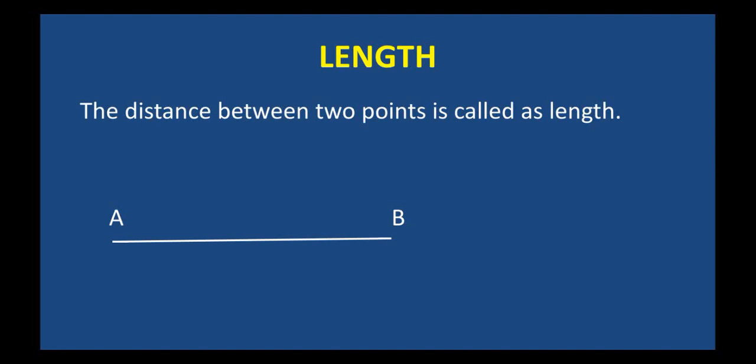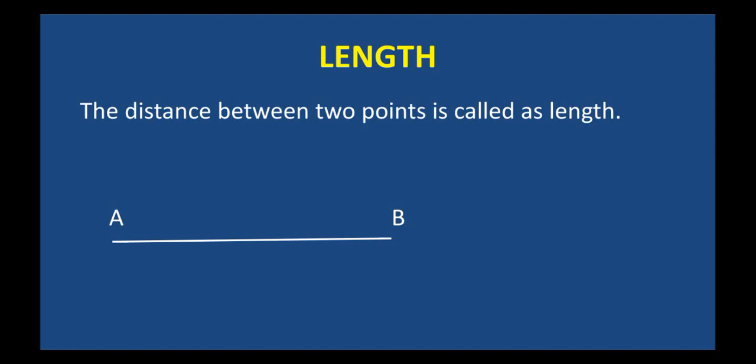So what is length? Length is the distance between 2 points. If I give you a simple example, there are 2 points A and B. The distance between A and B is called the length of AB.